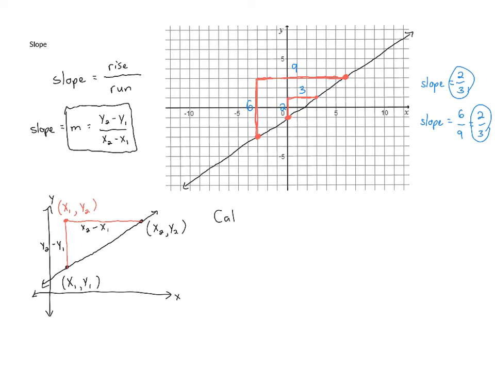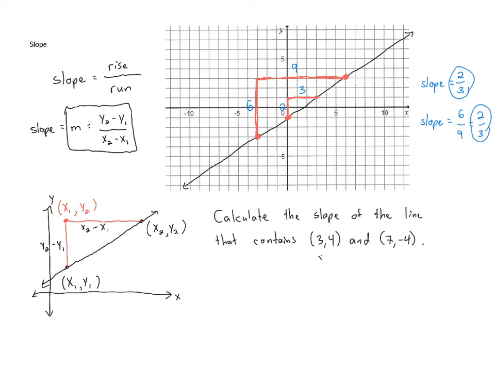Let's calculate the slope of the line that contains (3, 4) and (7, -4).